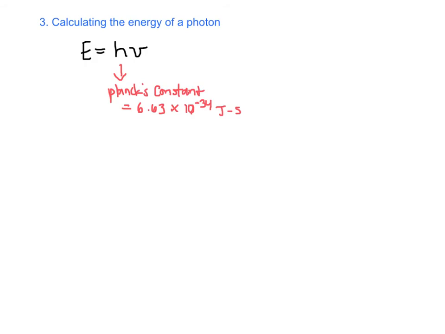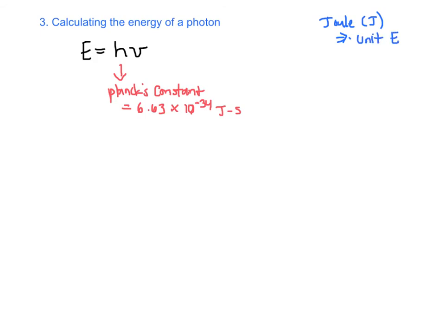Planck's constant is designated as a little h, and its value is 6.63 times 10 to the negative 34 joule seconds. And it should be mentioned that a joule, or capital J, is our way of measuring energy. So it's a unit for energy quantity.